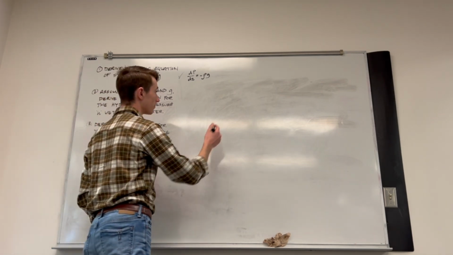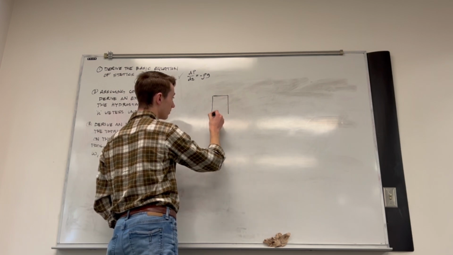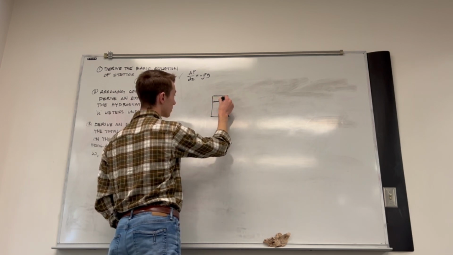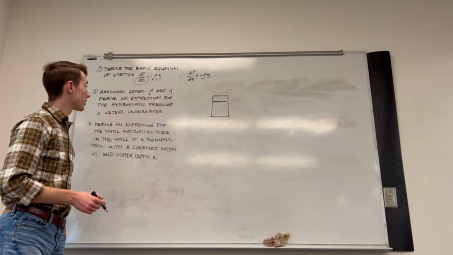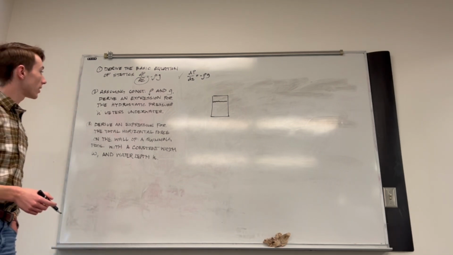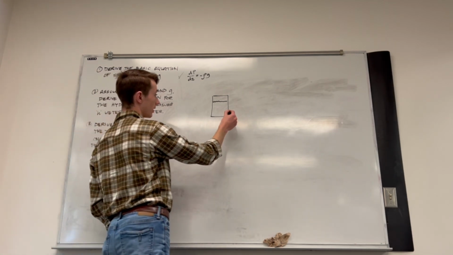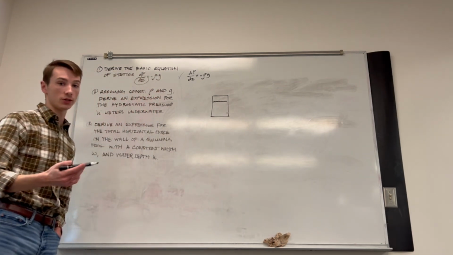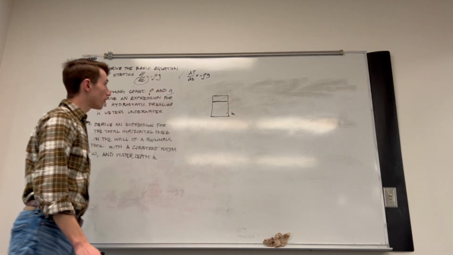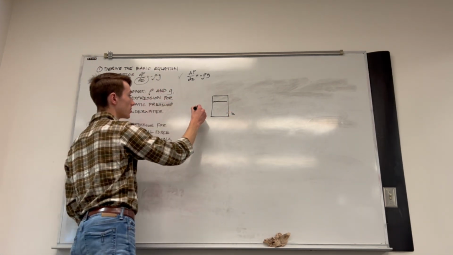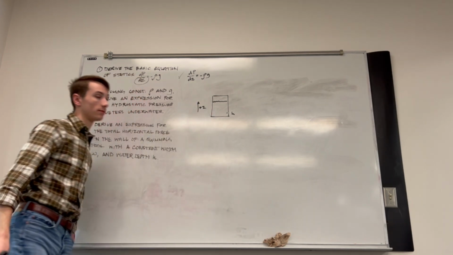So again, we're going to start with a picture. Same container here with some fluid in it, call it water. And we want to derive an expression for the hydrostatic pressure, that's P, H meters underwater. So that's maybe like down here, H. Now, we derived this equation assuming that this is the positive z direction.